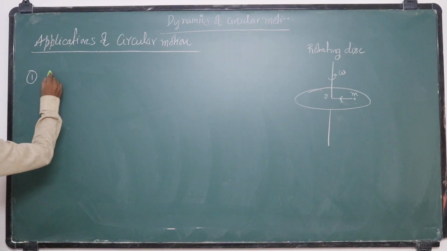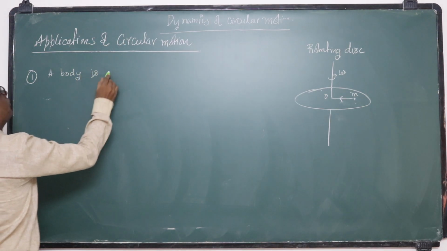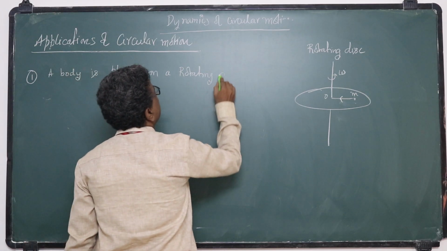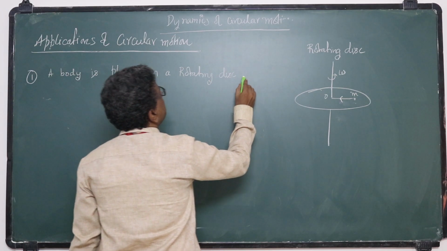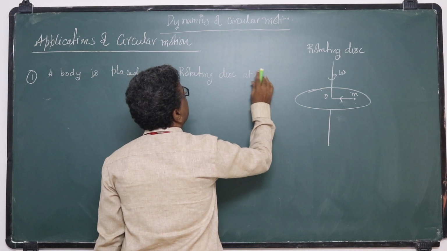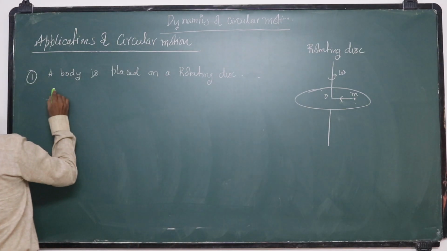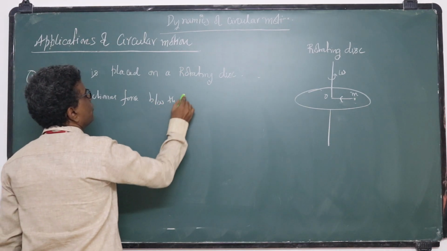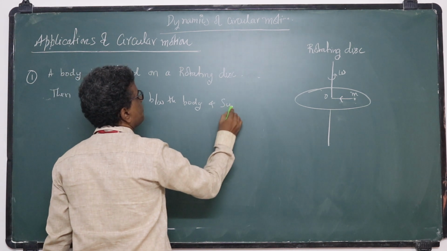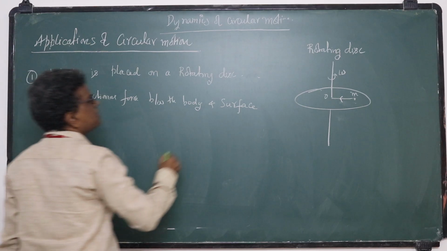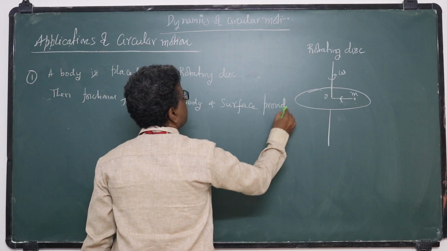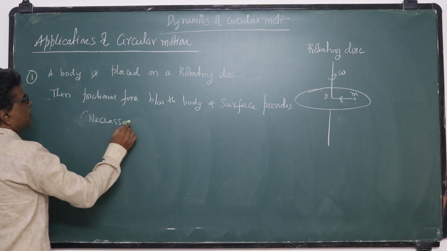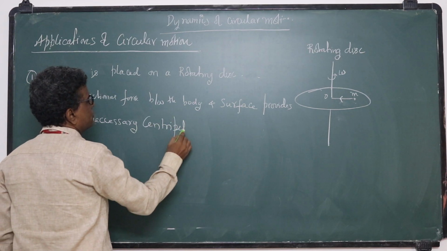So here friction is responsible for the rotation. A body is placed on a rotating disc, then the frictional force between the body and the horizontal surface provides the necessary centripetal force.